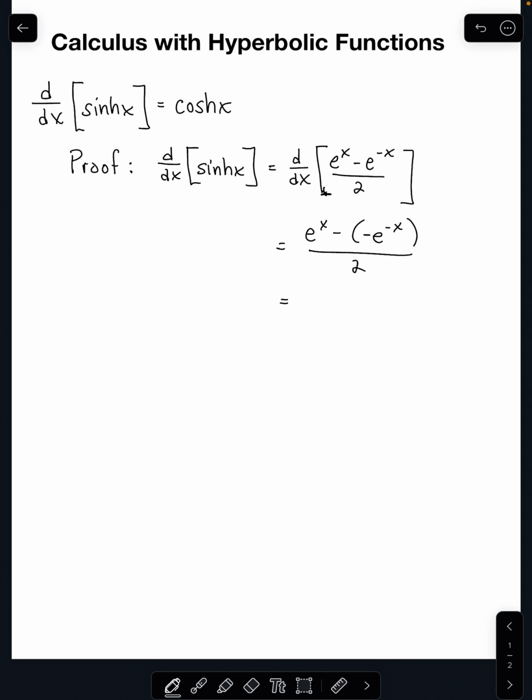Thus we have minus negative e to the x in the top becomes plus e to the negative x. And this is the algebraic form of hyperbolic cosine.